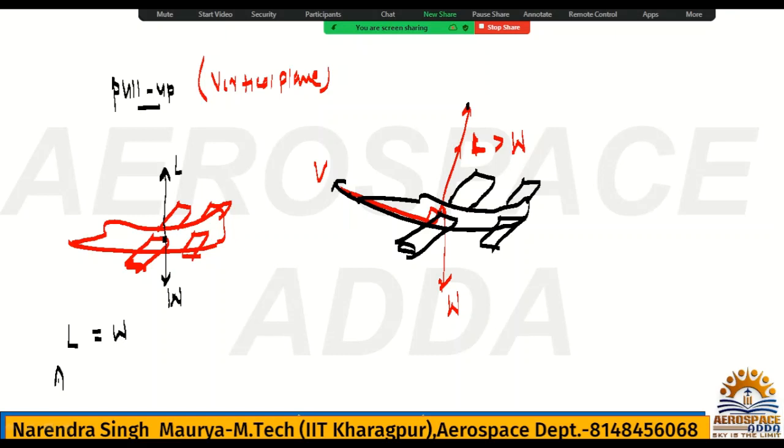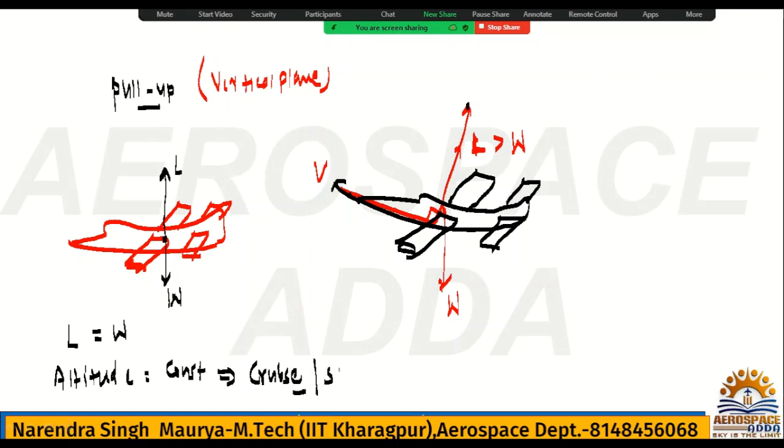The altitude will be constant in this case, because vertical upward force is equal to vertical downward force. So the forces are balanced. It means altitude is not gaining, altitude is constant. That's the reason it is called cruise flight. Cruise condition, which is nothing but steady state level. Steady and level flight. Yes or no?